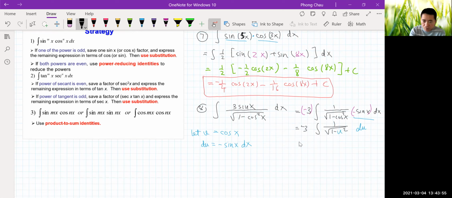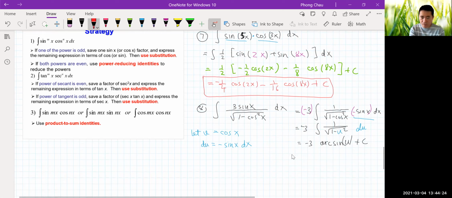So do you remember how to integrate that one? Remember, this is the arc sine. We did that in 8.1. So that turned out to be arc sine of u first, because our variable u is here, plus constant.